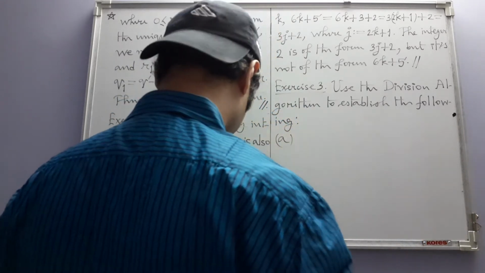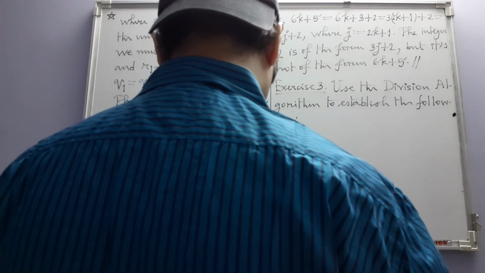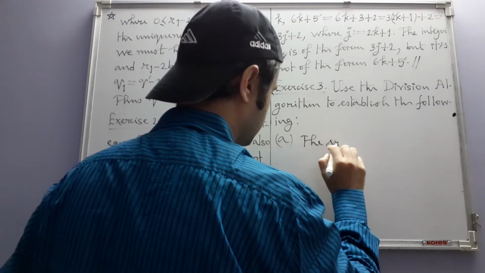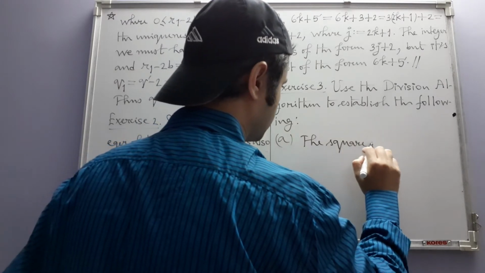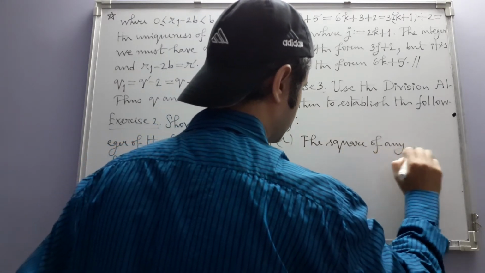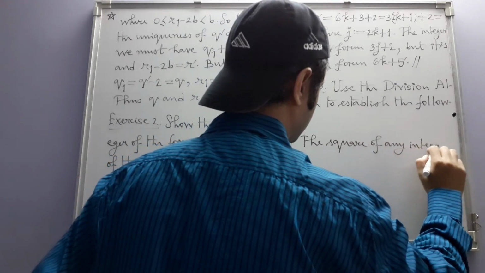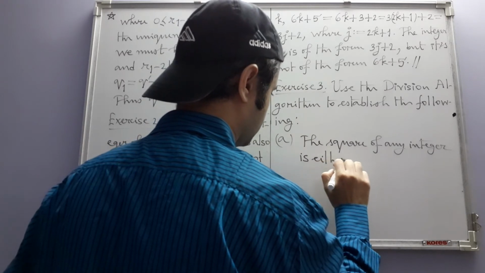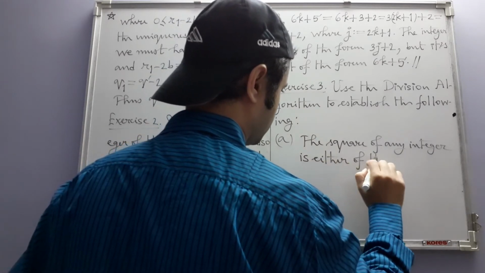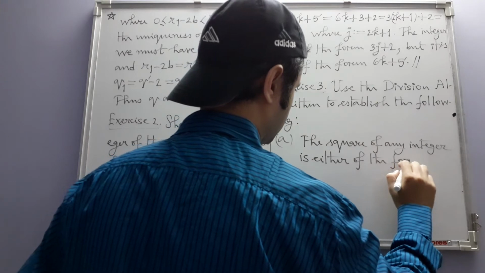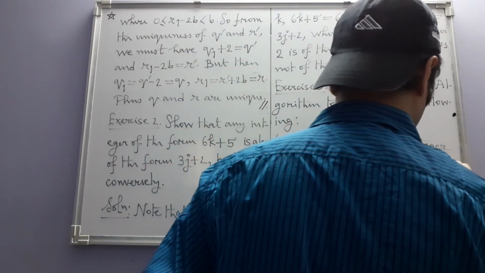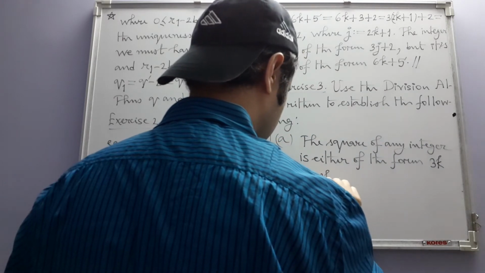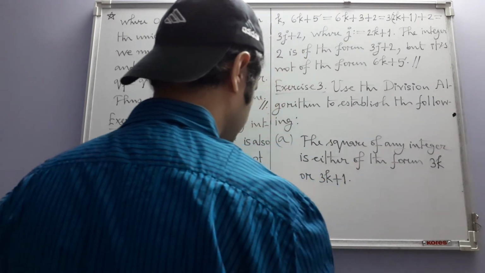A. The square of any integer is either of the form 3k or 3k plus 1.